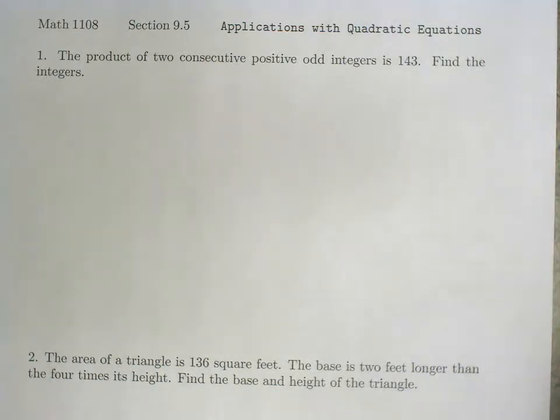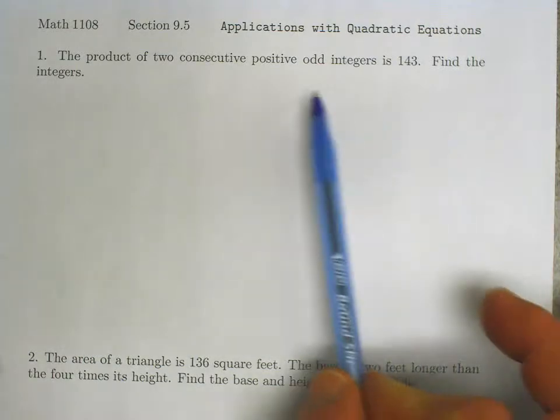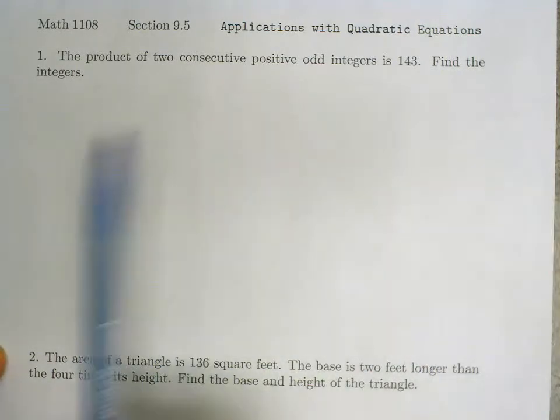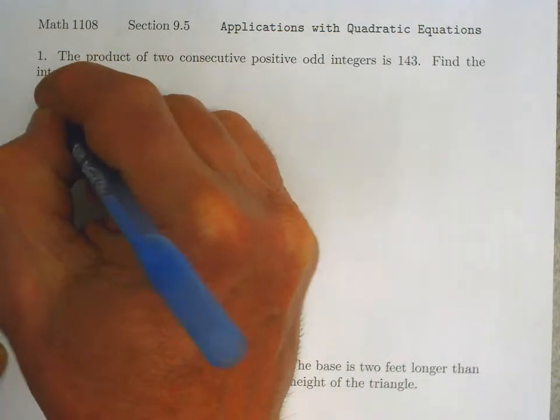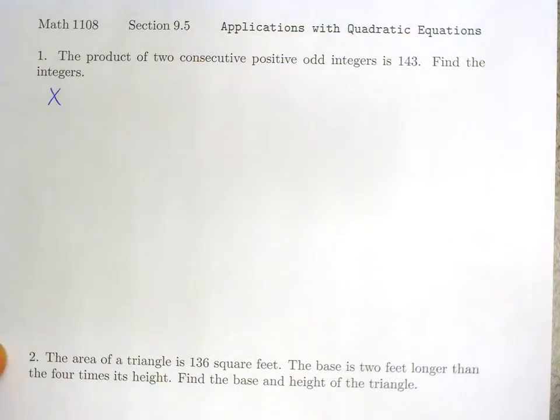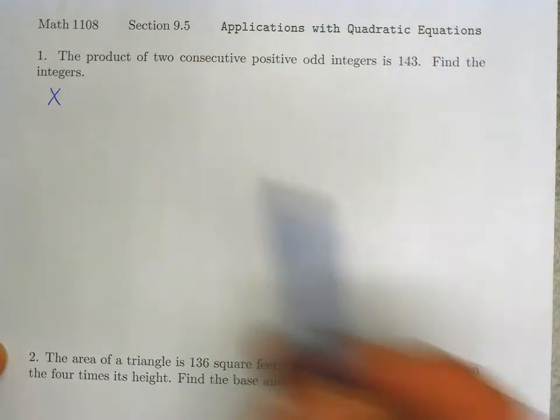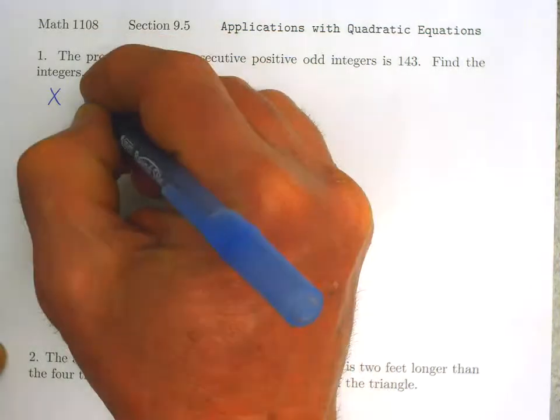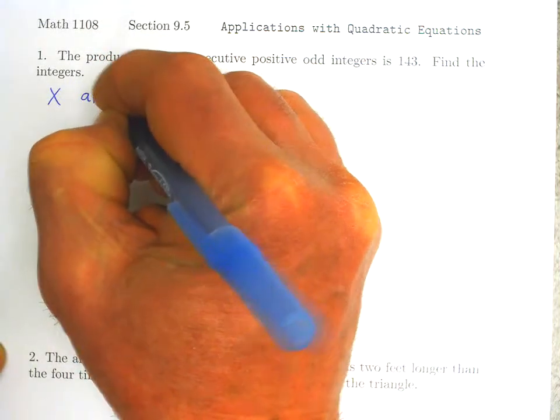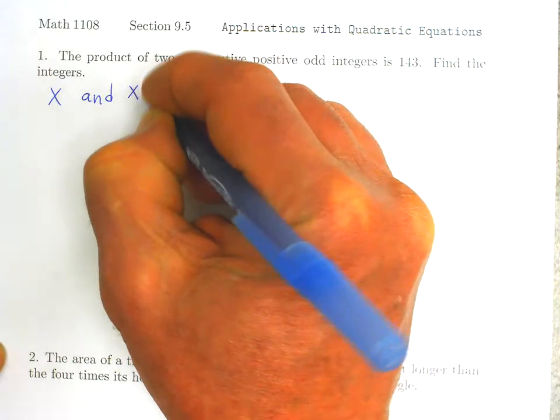And since we don't know what those are yet, we can pick x to be one of those integers. And consecutive odd integers differ by 2, so x can represent one of those, and the other one can be represented by x plus 2.